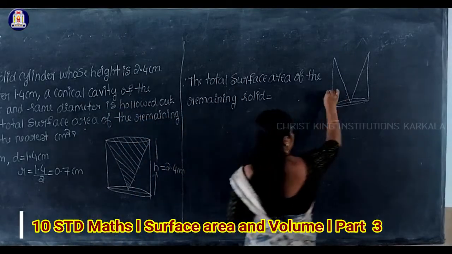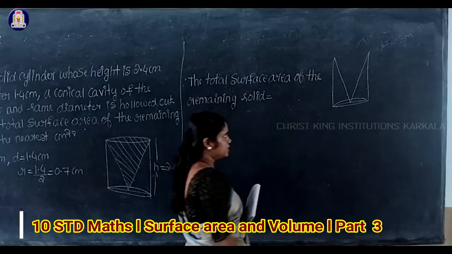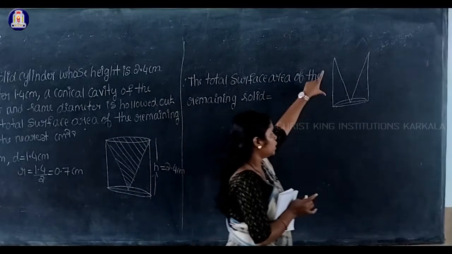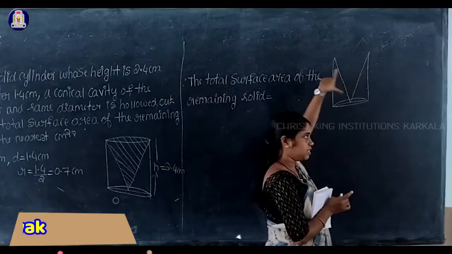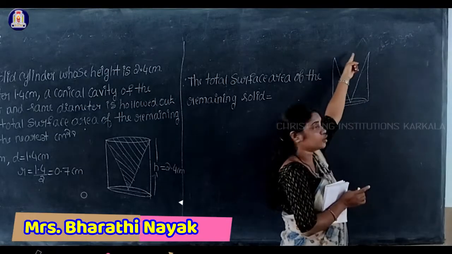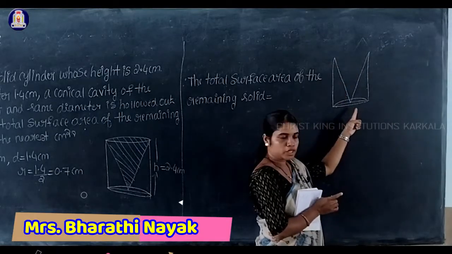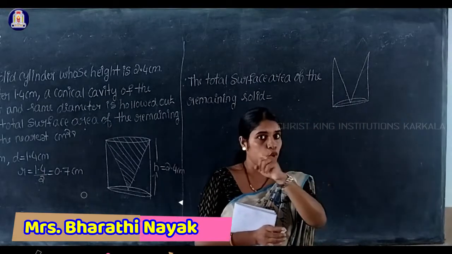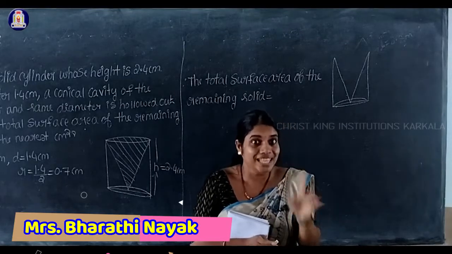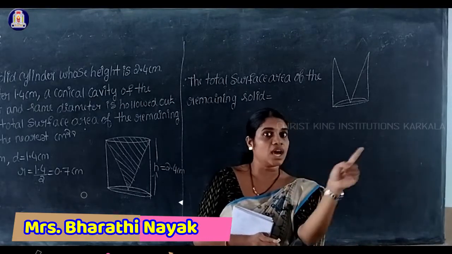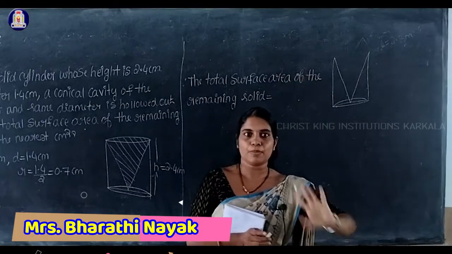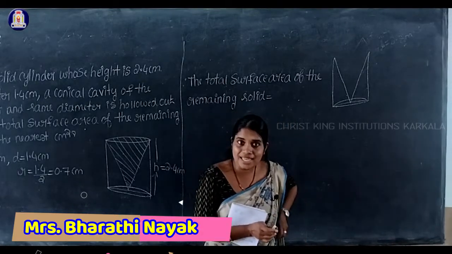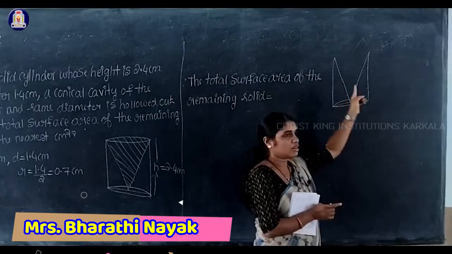See, first I'll consider the cylinder. I'll consider only the CSA of the cylinder, means only the curved surface area. I will not count the bottom or top. CSA means only the curved surface area. TSA means curved surface area plus the top as well as the bottom area. But here I am taking only CSA.